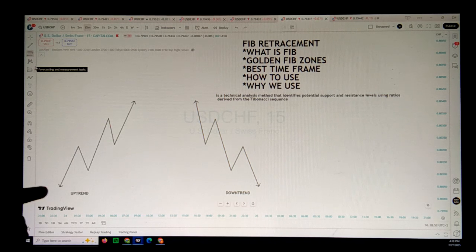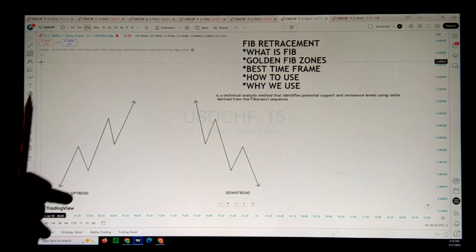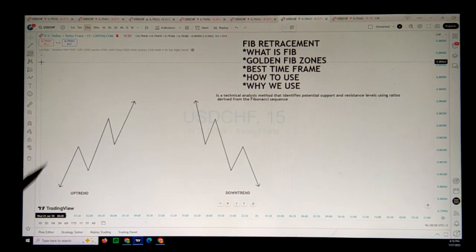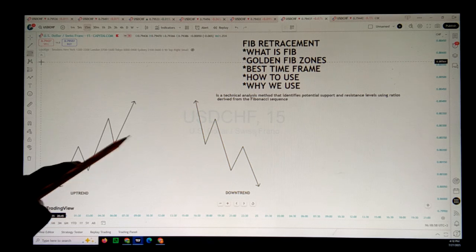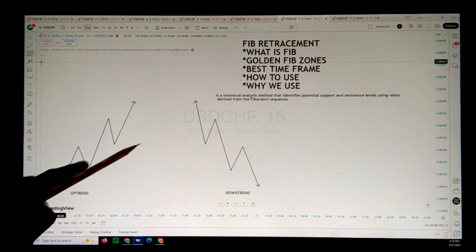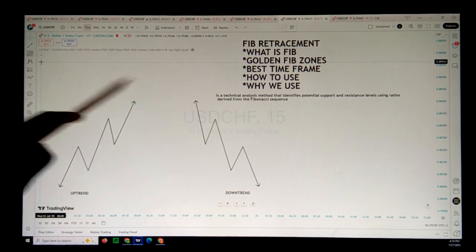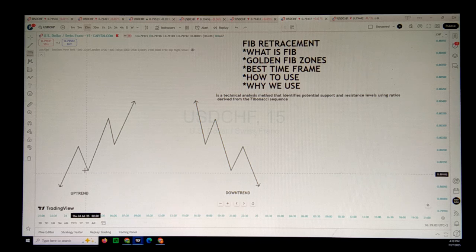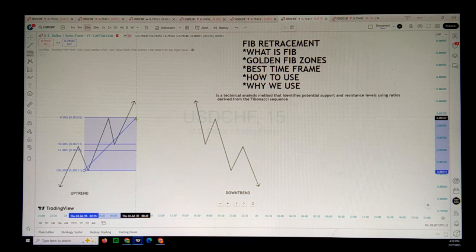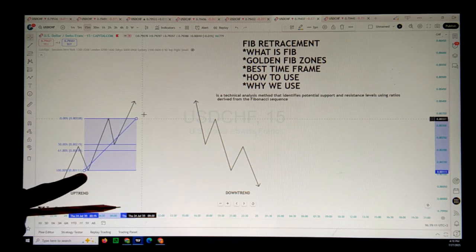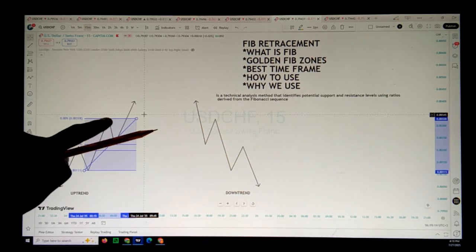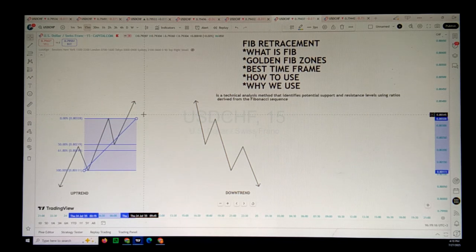Then on a bullish trend, you see this is a bullish uptrend, you'll drag from the lowest zone to the highest zone. You understand? You got me, guys? From the lowest to the highest point, this is where you want to take your trades.